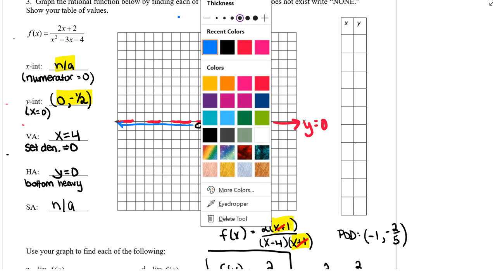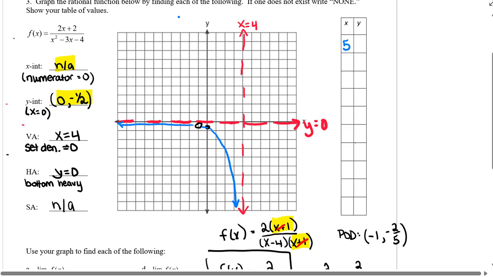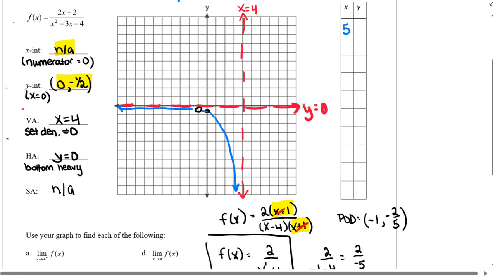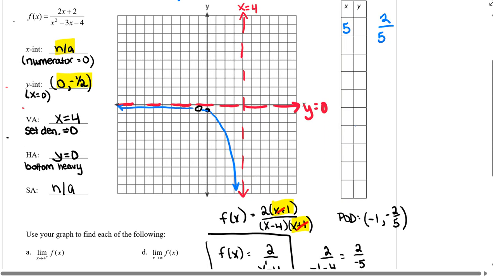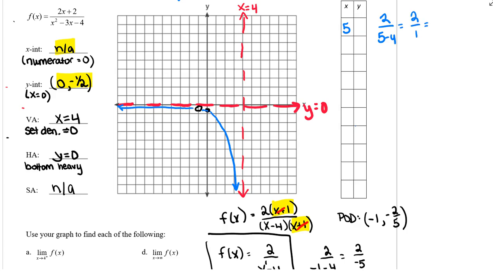Because I'm not working with a calculator, I'm going to go for an x value of 5. So I've got 2 over 5 minus 4, or 2 over 1, or 2. So the point (5, 2) is on my graph, and that tells me that to the right of 4, the entire graph is going to lie above that asymptote.